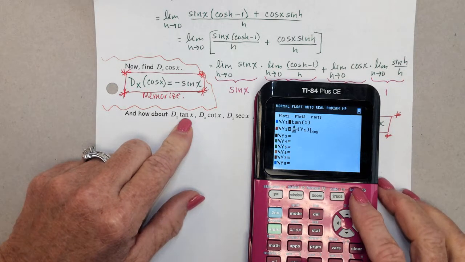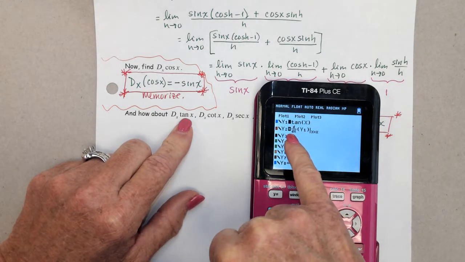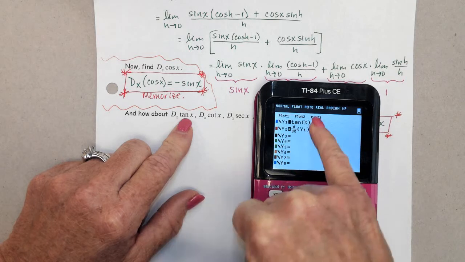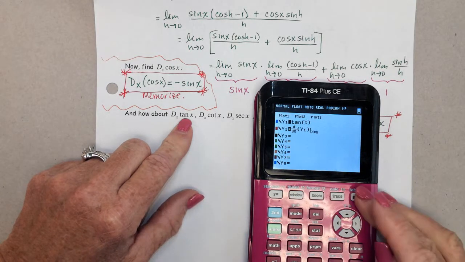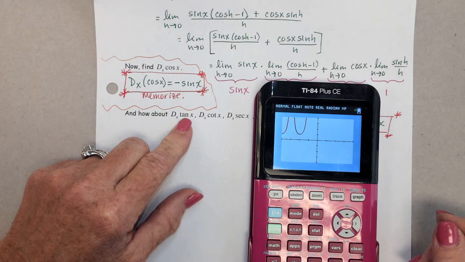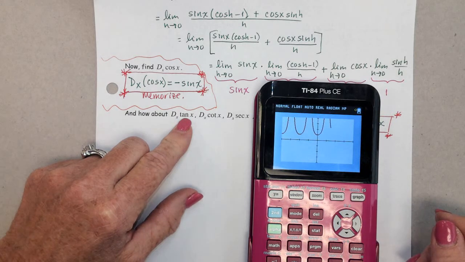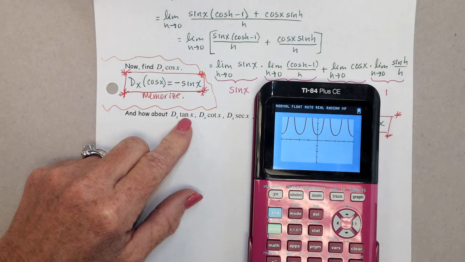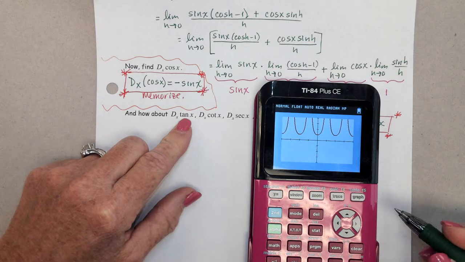And now when we graph this one, I'm going to graph y2. It's still graphing the derivative of y1. It's a different equation in there, but it's still looking at that derivative. Looks like this. Partially recognizable.